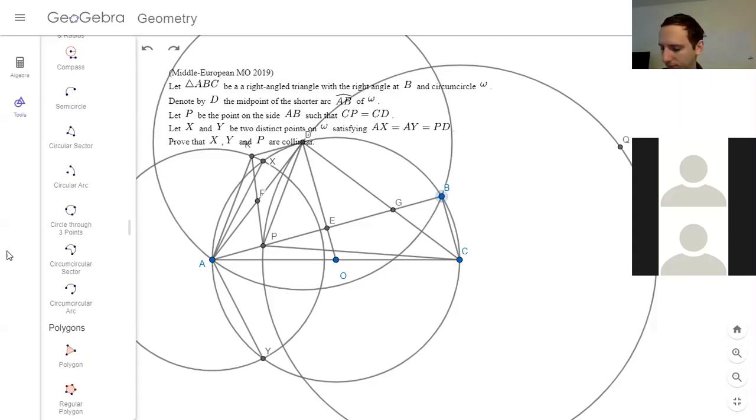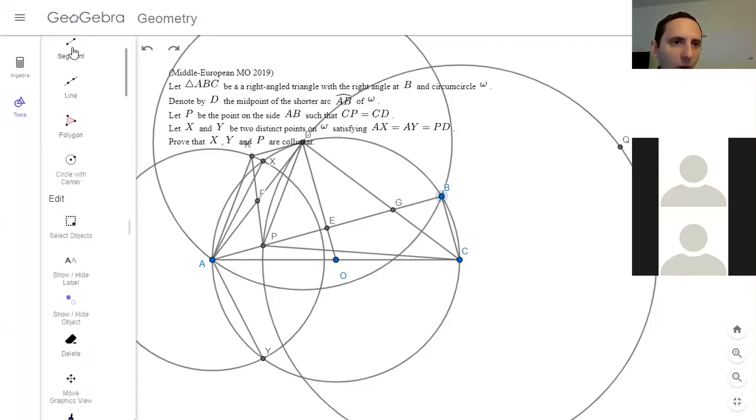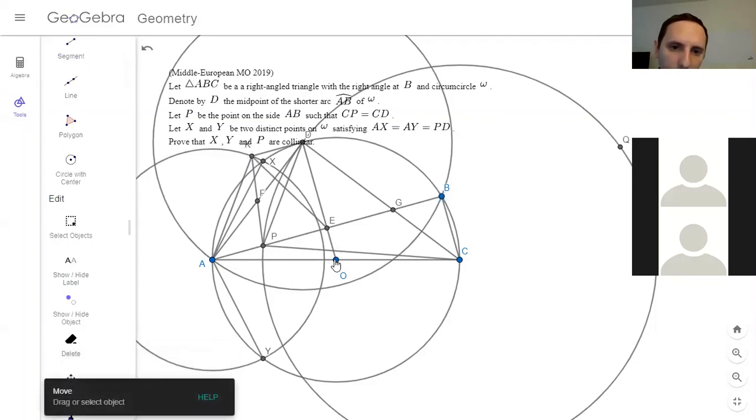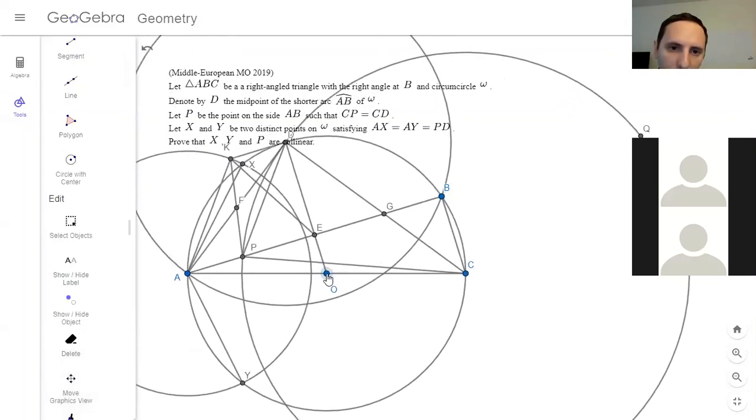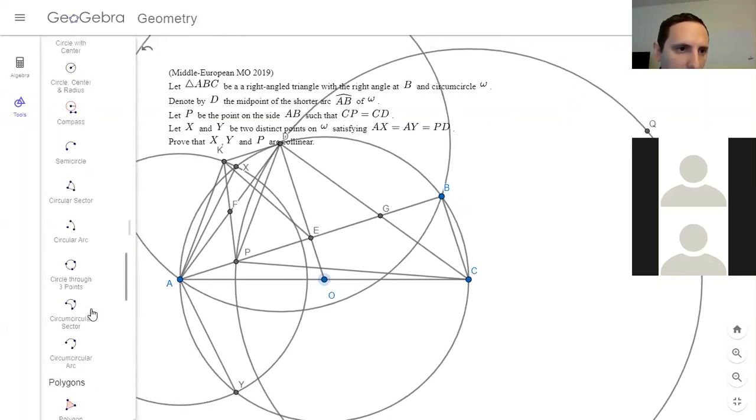Is KD equal to EG, or is the diagram just like that? Oh, KD equal to EG. It could be. I don't know if that looks like a parallelogram. Well, I could use the compass tool to check.